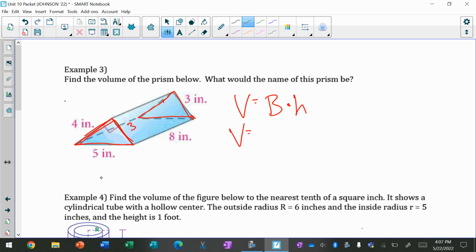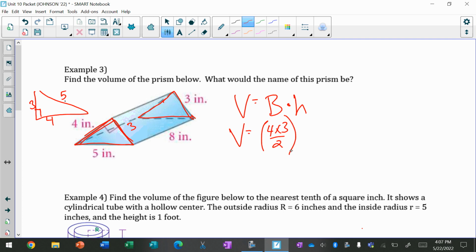So the easiest way to find the area of a right triangle is to take your 2 legs, because if I were to rotate this thing, it would look like this. And you can do base times height, the base of the triangle times the height of the triangle divided by 2. So the area of the triangular base would be 4 times 3 divided by 2.